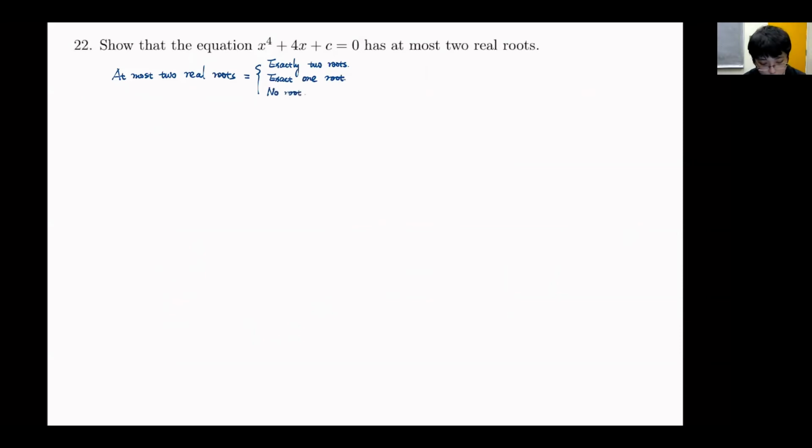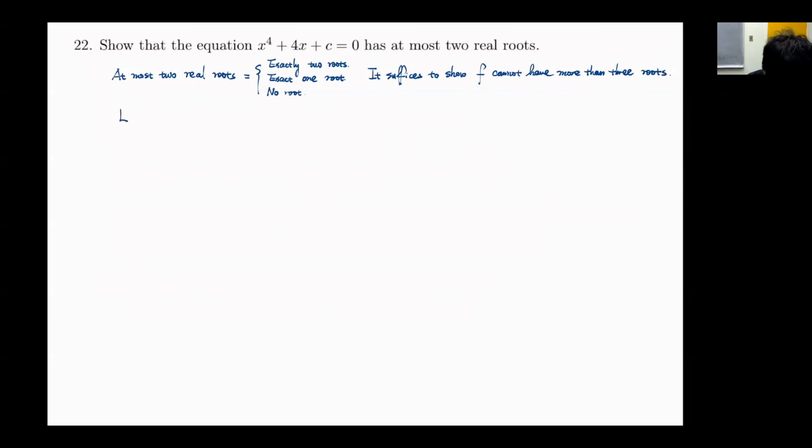Okay, so in order to show that the equation has at most 2 real roots, or in more formal writing, it suffices to show that f cannot have more than 3 roots. Okay, so how do we argue that part?